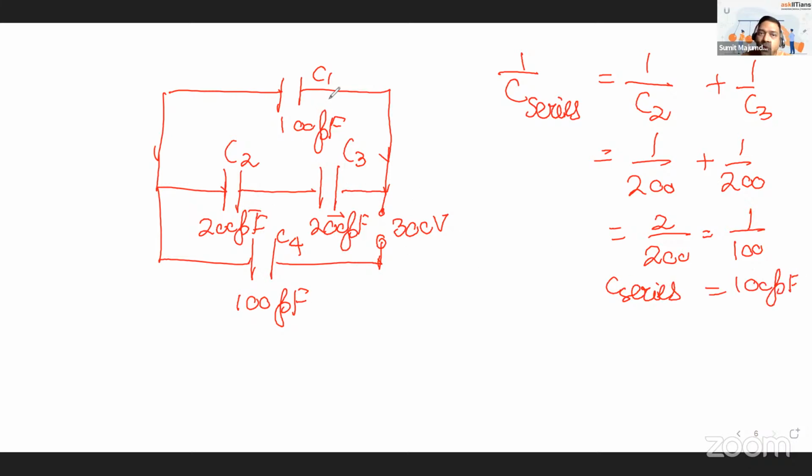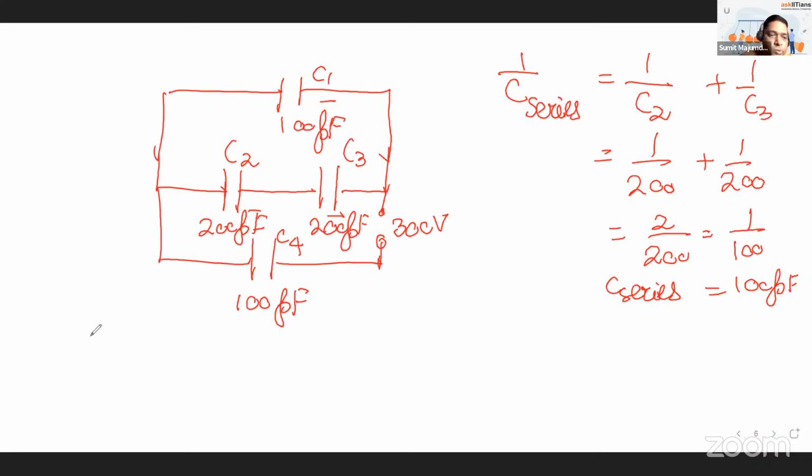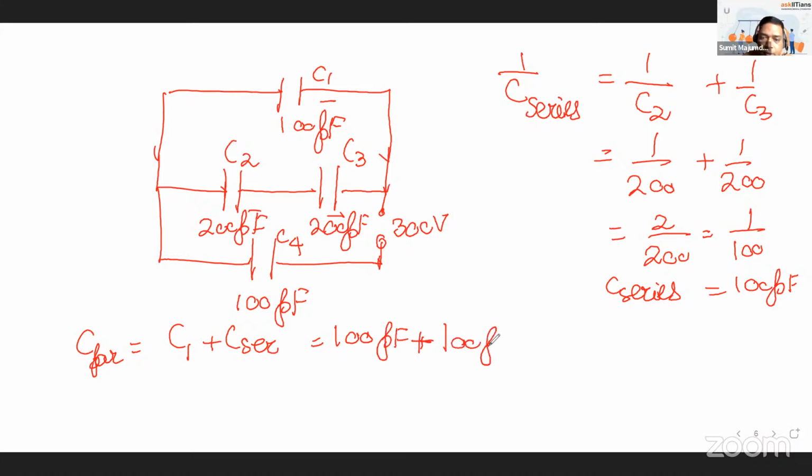Now that 100 picofarad is in parallel with this C1. So effectively, if we do that part also, the C parallel can be written as C1 plus C series. Therefore, it will be equal to 100 picofarad plus 100 picofarad. That comes out to be equal to 200 picofarad, right?